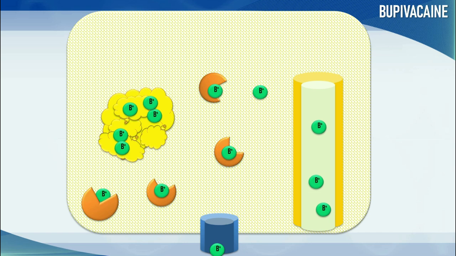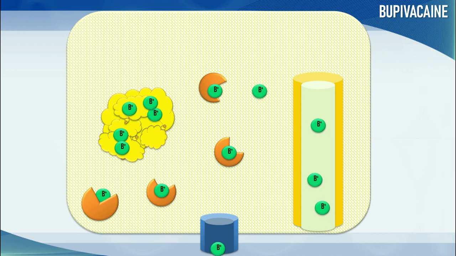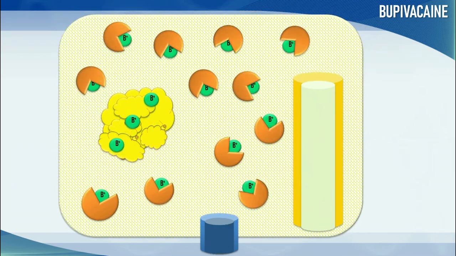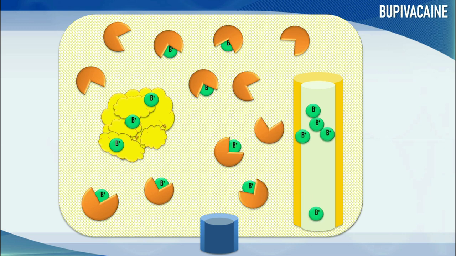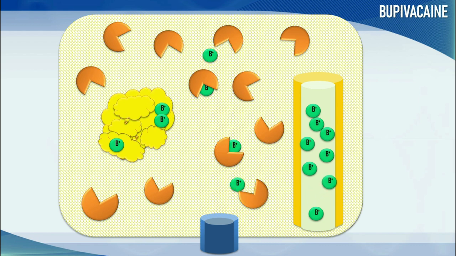Less is carried away and more of the free drug is stuck to the tissues in and around the nerve cells. The major advantage of this is that the fat and protein acts as a reservoir for the drug, prolonging the duration of action.